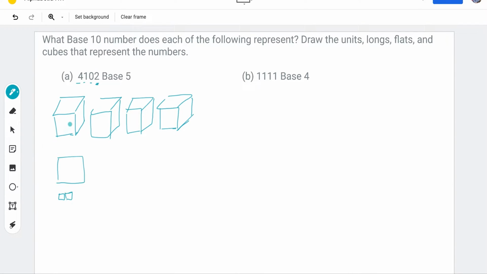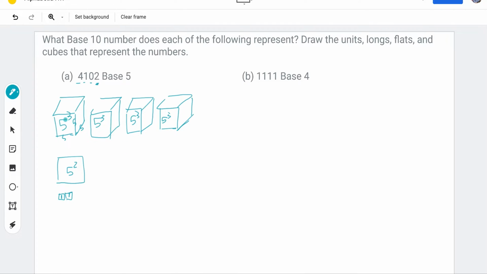But we know in one cube we have 5 by 5 by 5 units. So how many units are there in total? 5 cubed, right? And you have 5 cubed units here, and same here, and same here. And here in the flat you have 5 by 5, so it's 5 squared, and this is just 1 in each.